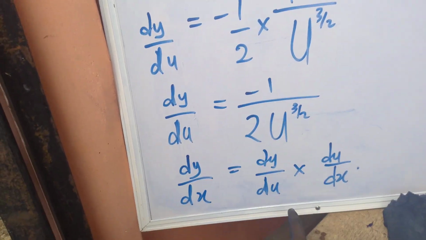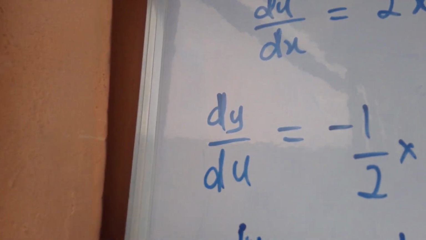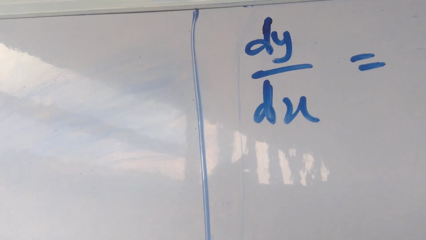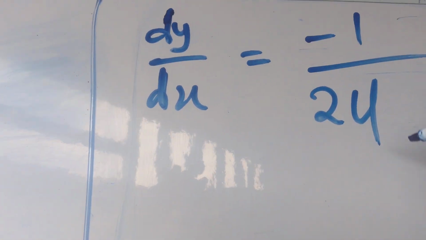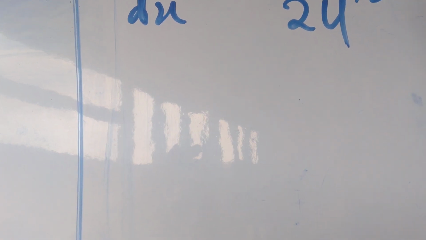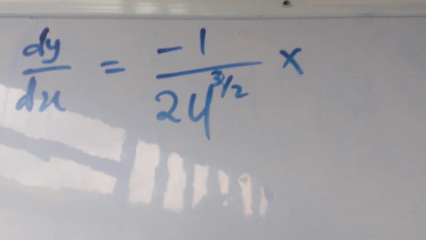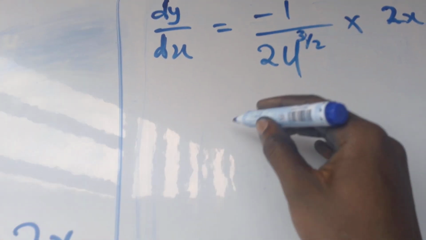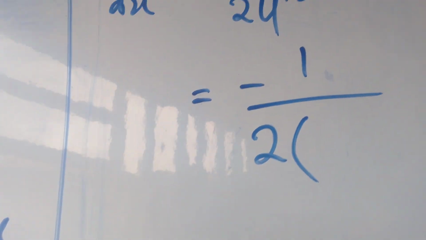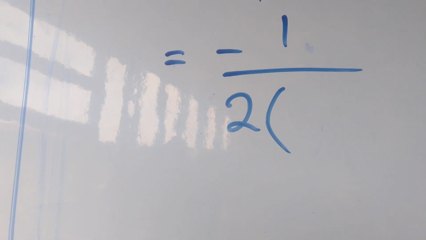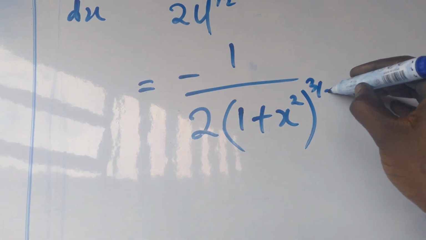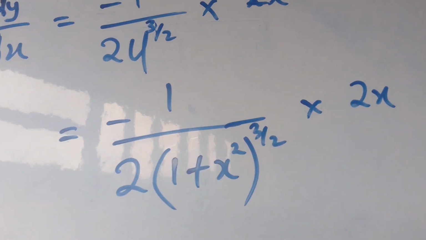Then I put the value of dy du here, and that of du dx, which is 2x, there. So dy dx is equal to minus 1 over 2u raised to power 3 over 2 times 2x. Now put the value of u, which is 1 plus x squared, all raised to power 3 over 2 times 2x.